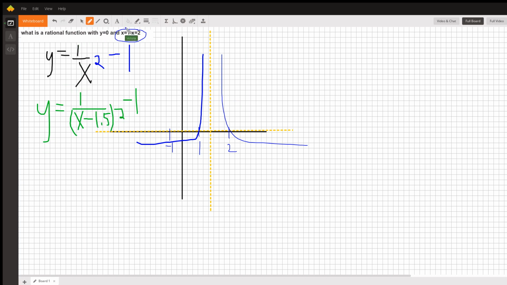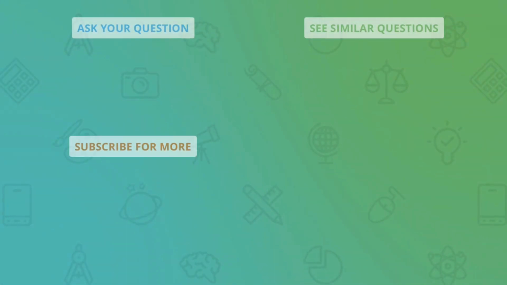So what I really need here, I was very close, but I need to double all this. This would be 2, and this would need to be 3. And that would be your function. And it satisfies these criteria that when y is 0, x is 1, and when y is 0, x is 2. And that's the answer.